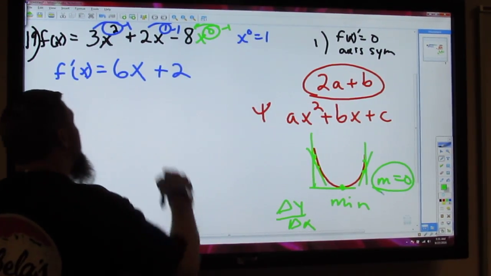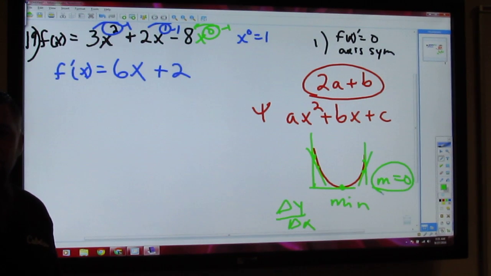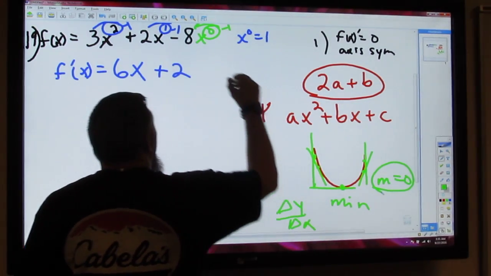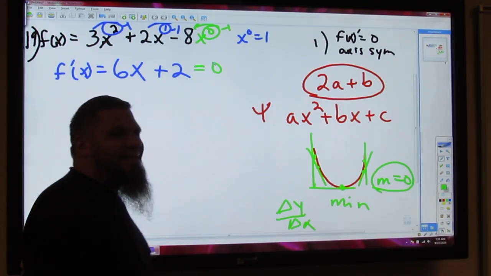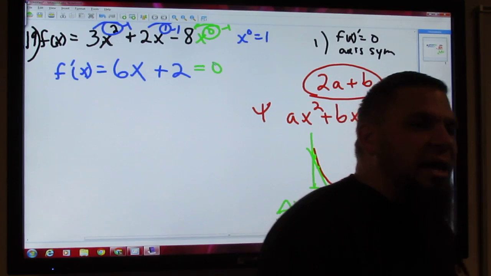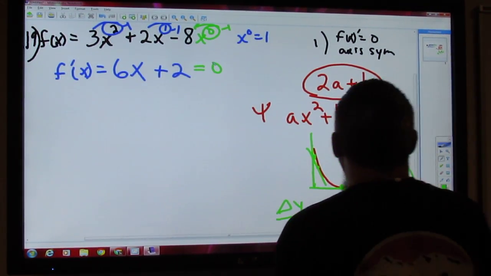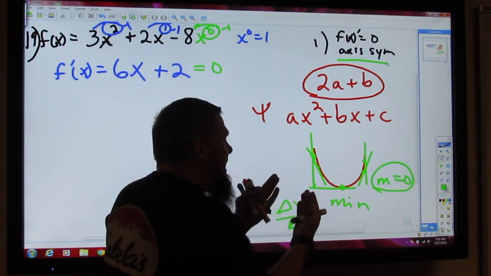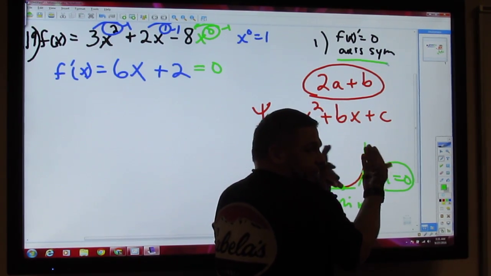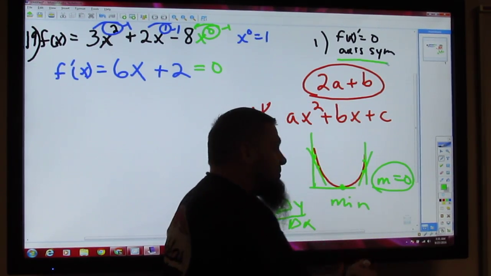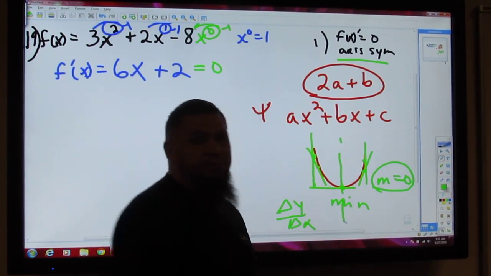And so when we take the first derivative, we set that equal to the slope we're looking for. The slope we're looking for is 0, because that's the easy slope to find. That's the slope at the bottom, where the axis of symmetry is, where if we fold this onto itself, that's where the axis of symmetry is.